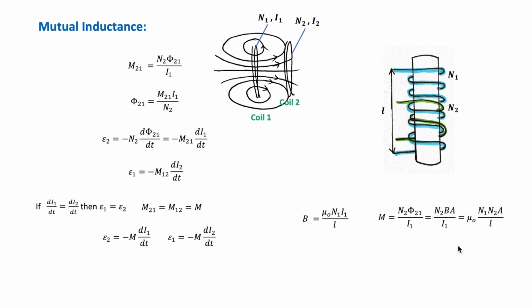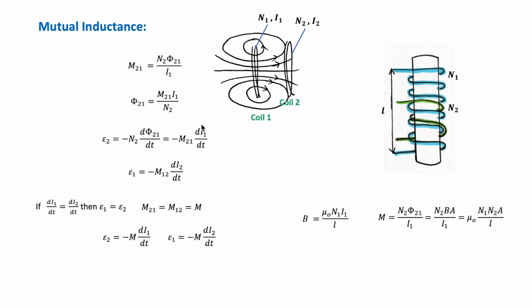So this mutual inductance depends on the geometry of both circuits and on their orientation with respect to each other. And as the separation between the coils increases, the mutual inductance decreases due to the decreased flux, okay?